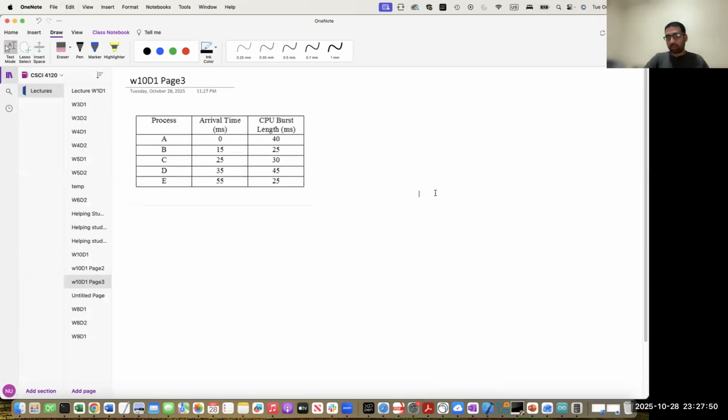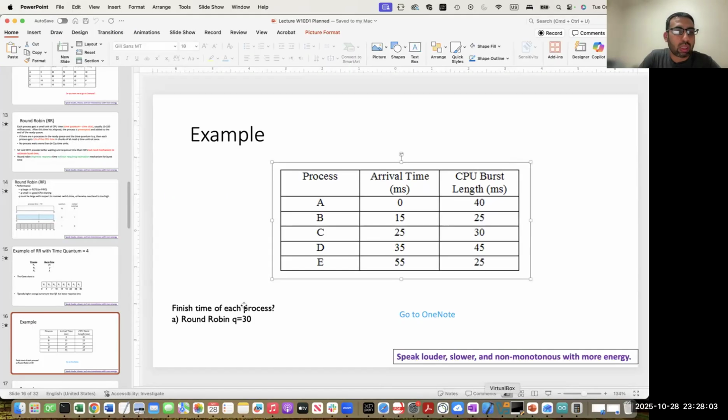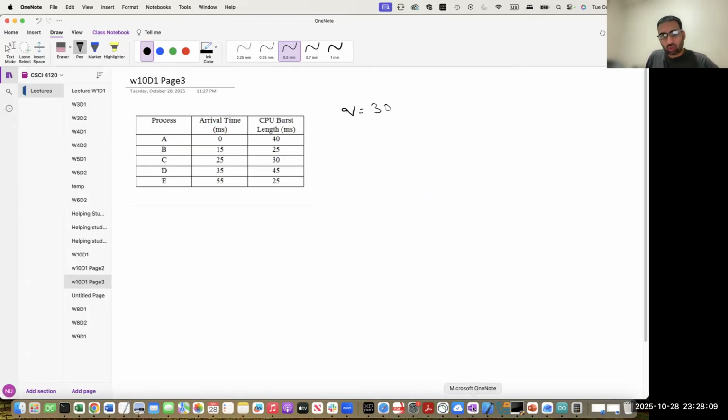Okay, here we are. Let me first set the quantum equal to 30 time units. What we need to do is find the finish time of each process. So basically we first need to do the schedule, right?